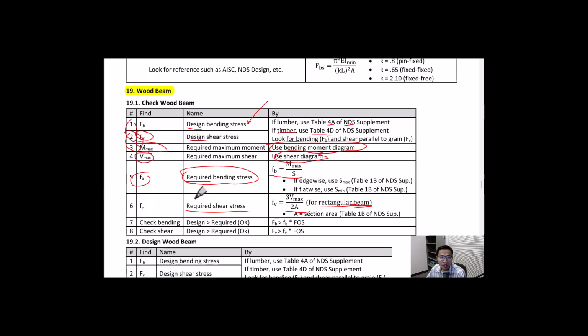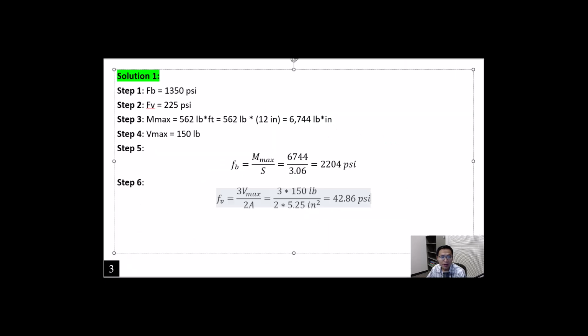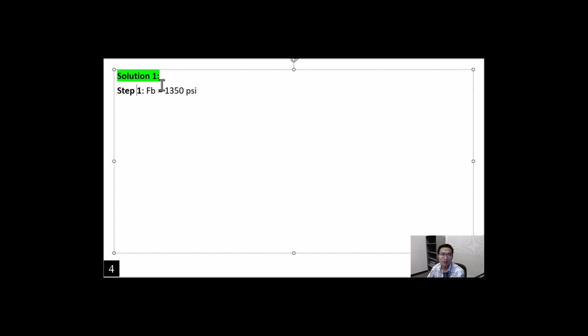Now step 7, similar to steel, is to check for bending, and step 8 is to check for shear. So maybe let me go to the next page. Step 7, check for bending.